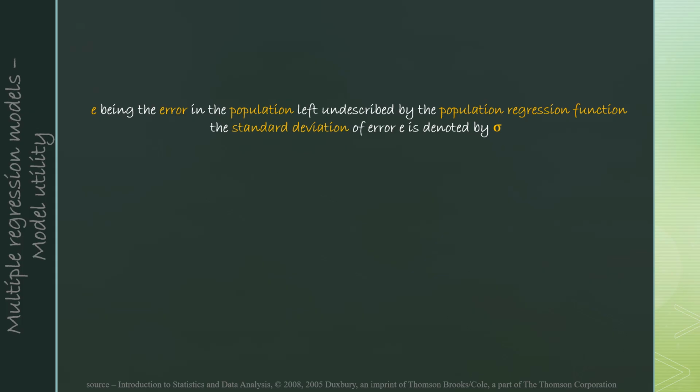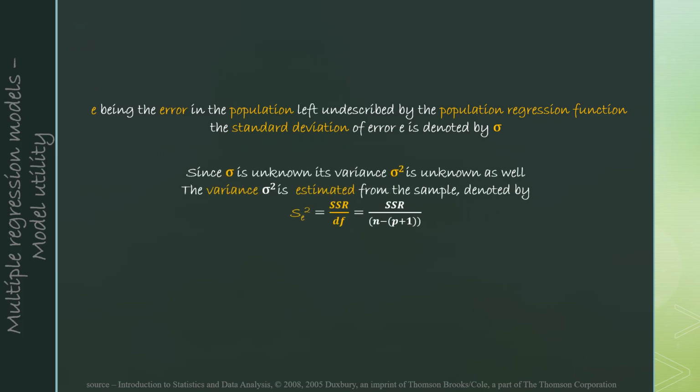The standard deviation of error E is denoted by sigma. Since sigma is unknown, its variance sigma square is unknown as well. The variance sigma square is therefore estimated from the sample, denoted by SE square equals SSR divided by df, which equals SSR divided by n minus (p plus 1). The estimate of the standard deviation of error E, sigma, is given by SE equals the square root of SE square.